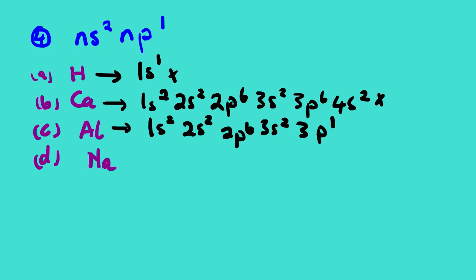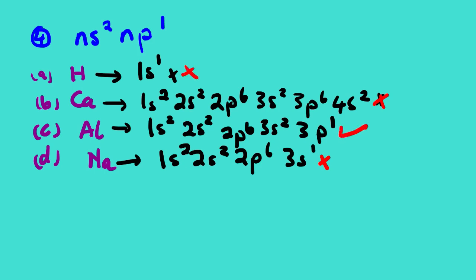So there's a possibility that we might be looking at this one. Now sodium, it's 1s2 2s2 2p6 3s1. So you can see that it cannot be this, it cannot be this, it cannot be this. This is the correct answer.